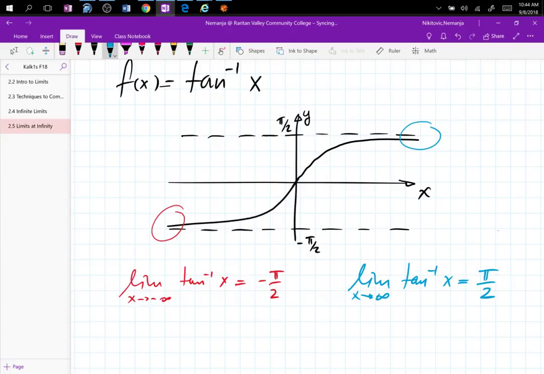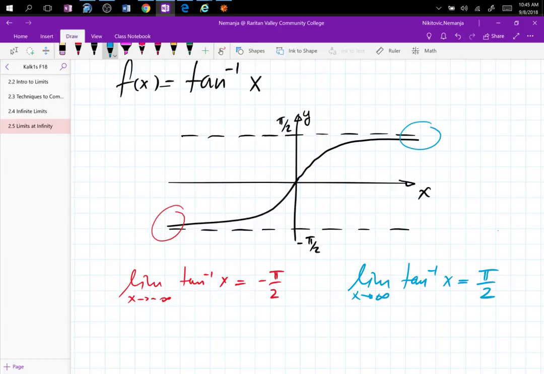So here is an example of a function that is sandwiched in between two horizontal asymptotes. It's not the only function, right? Cotangent is also squeezed in between, and there are some other functions in mathematics that are squeezed between multiple asymptotes.